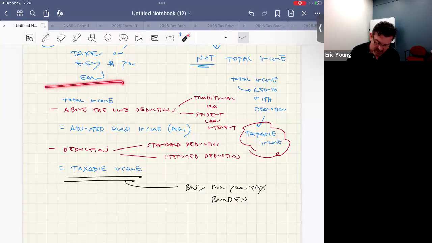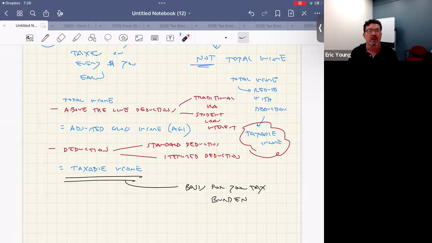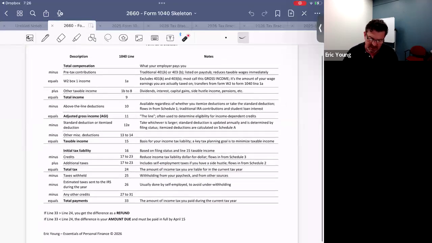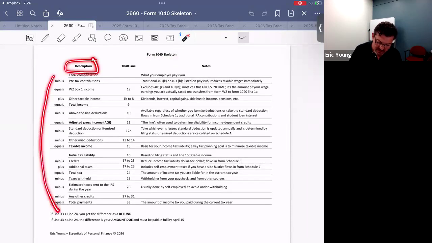This is how it looks from like a mapping perspective. And for those of you who like really line by line analysis, I've put together for you this little thing I created, which I call the skeleton. And in the skeleton, I give you the description of the thing that happens.